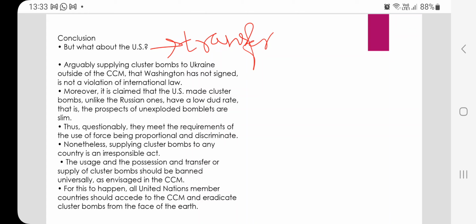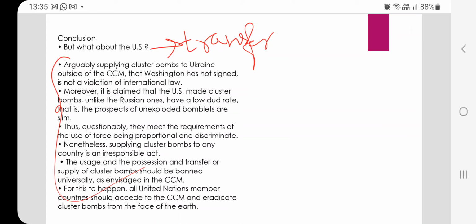I will explain why. US, Russia, Ukraine, all three are not party to the convention. But who is using the cluster bombs? Eventually, it is Russia and Ukraine. Russia and Ukraine will breach the customary international law under the Geneva Convention if they use the cluster bombs, as it's indiscriminate and disproportionate according to the customary law.